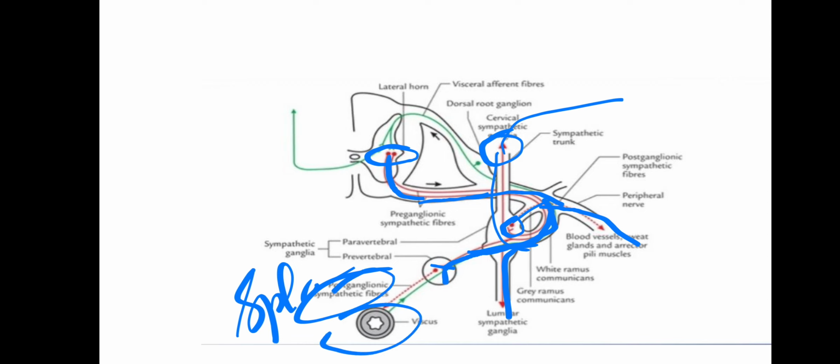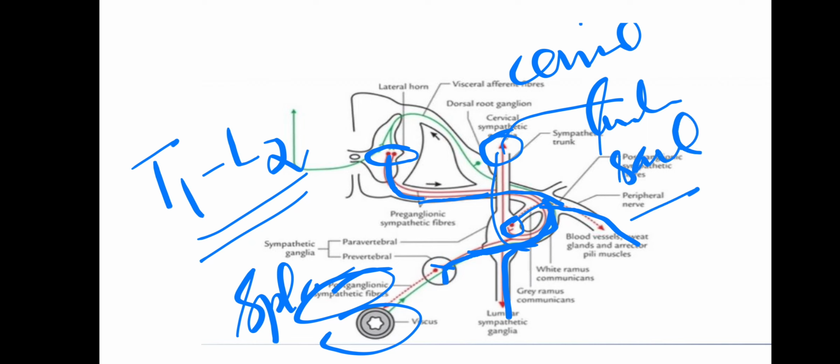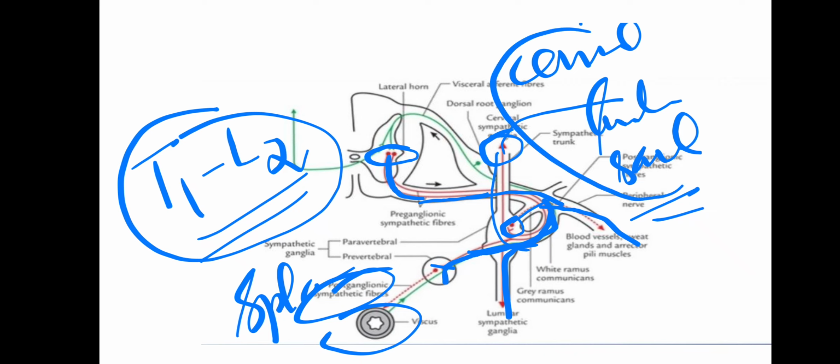So these three options are there, and that's why the sympathetic system has a thoracolumbar outflow. Though it is a thoracolumbar outflow, we can see branches coming out of the cervical, lumbar and sacral ganglia as well.